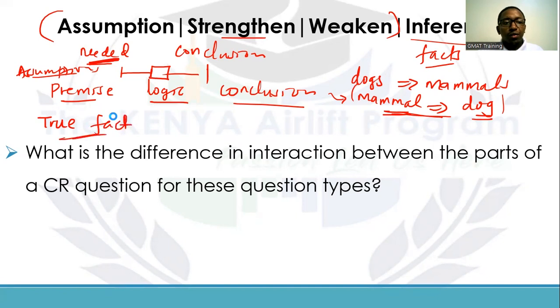So you are looking for one true fact that, if added to the list of facts that you have, it actually builds the conclusion. It strengthens the conclusion. It supports this conclusion.